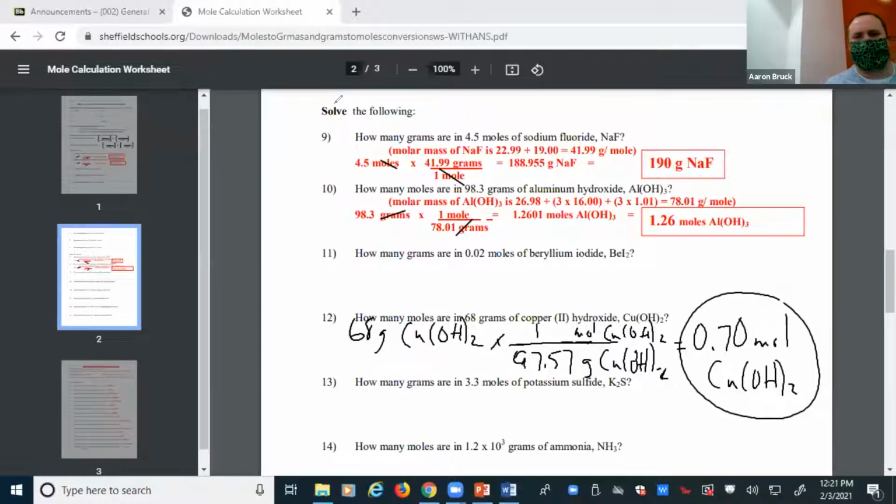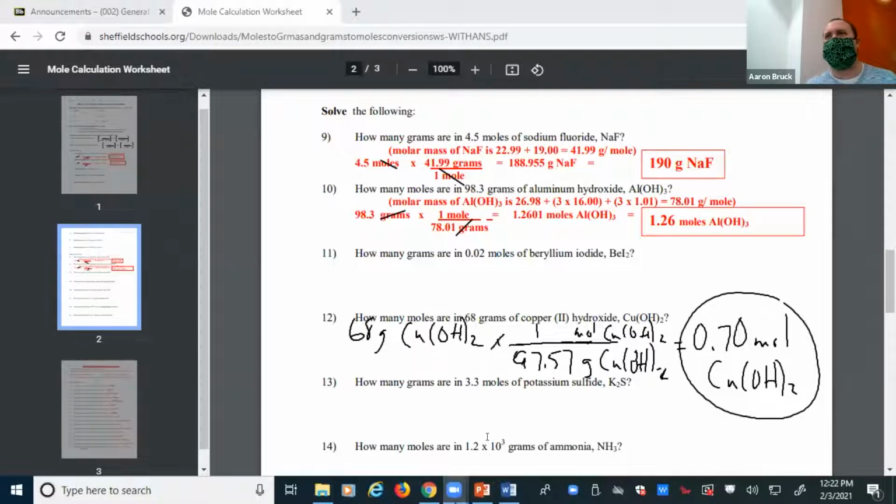So again, very, very little here that is new. This is just a slightly more complicated example because we had a compound instead of an element. All right, let's kick this up a little bit because these particular calculations are a little bit simple.